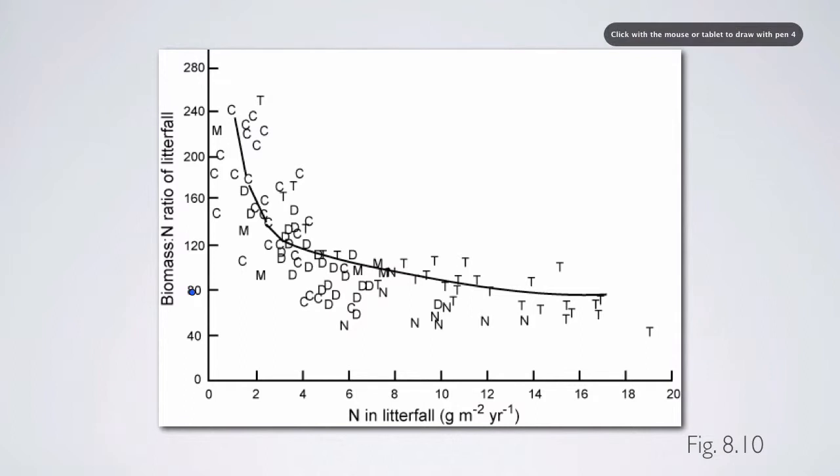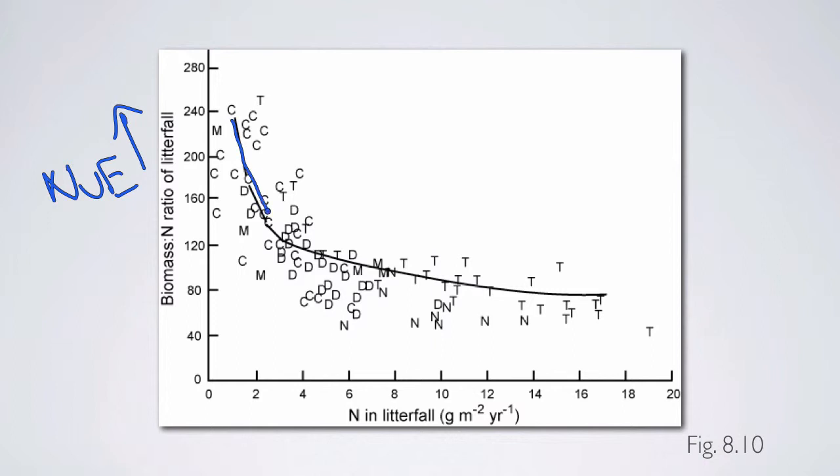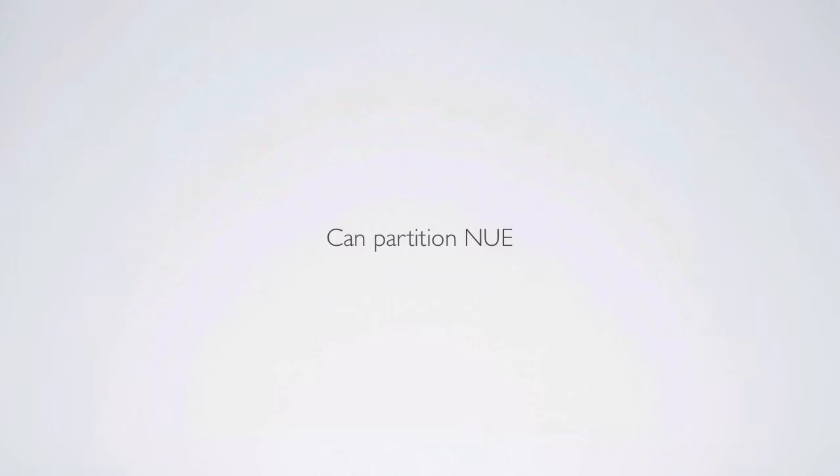In contrast, when we get all the way to coniferous forests and some temperate deciduous forests, for example, where they're very strongly nitrogen limited, they don't lose a lot of nitrogen in their litter fall, and their litter has a lot of biomass per unit N. So nutrient use efficiency is really high. So this is a general curve that shows if you start at high nutrient availability and work downwards, that nutrient use efficiency goes up as nitrogen becomes more limiting. The author spent a little bit of time going through some of the determinants of nitrogen use efficiency.